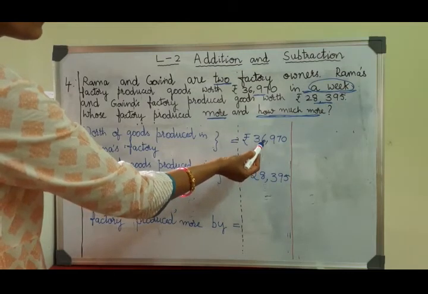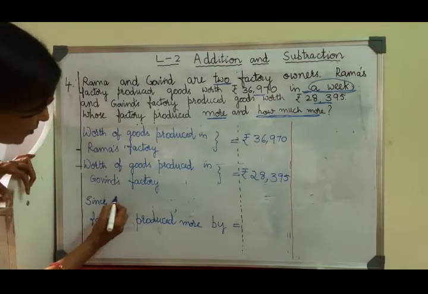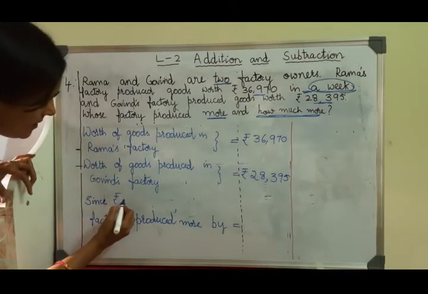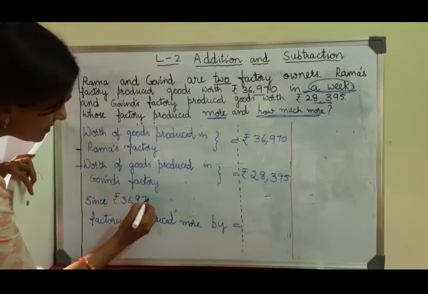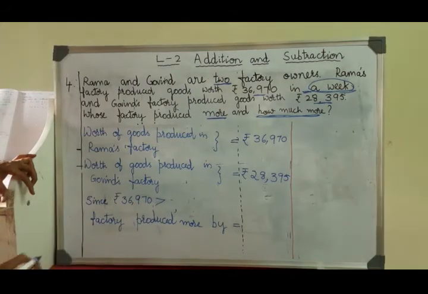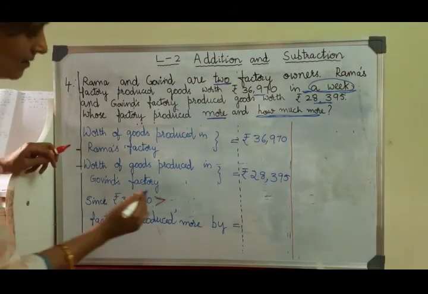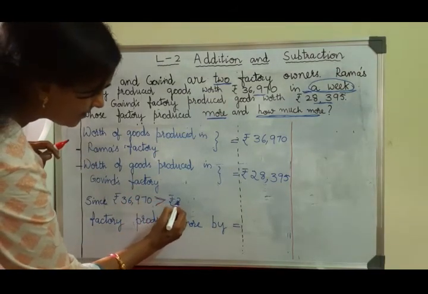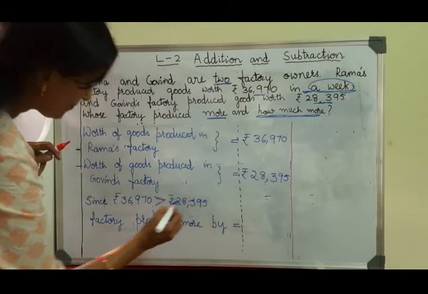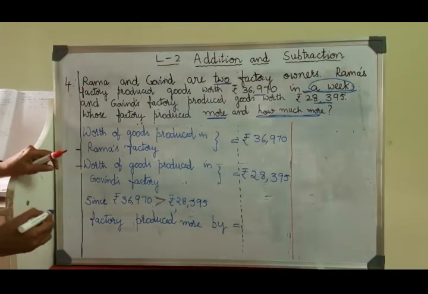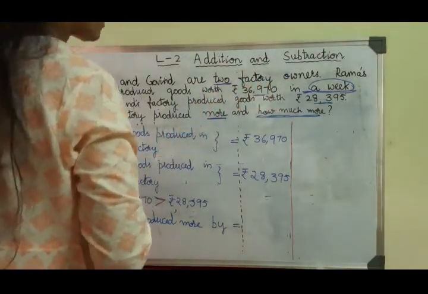We will write rupees, don't forget to write the unit. 36,970 is greater than rupees 28,395; you have to use the greater than symbol. So whose factory produces 36,970? It is Rama's factory, right?